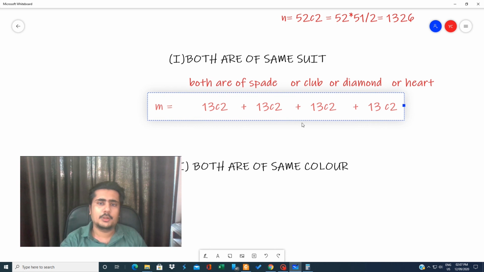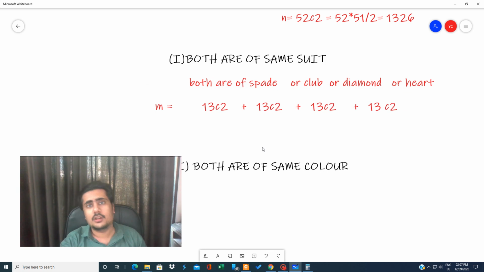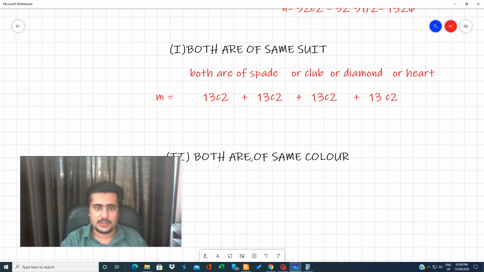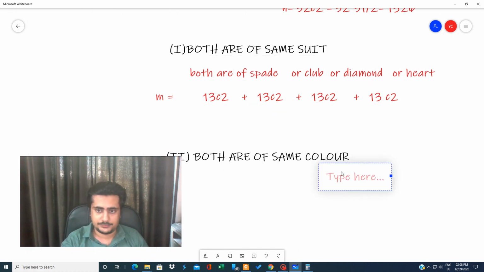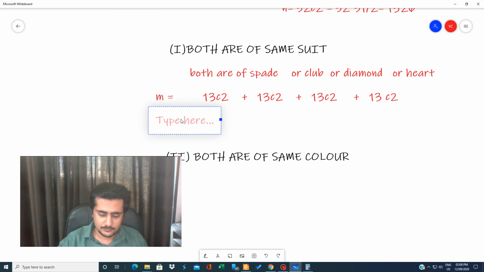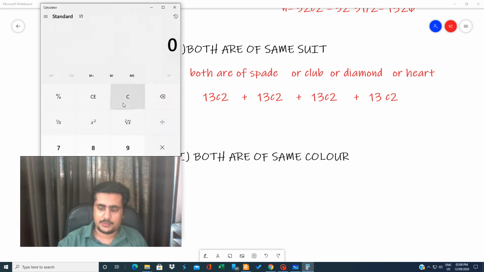Because you don't know which suit it is. They have not asked you to find that both are spade. Then the answer would have finished at the first 13C2. But they have told you that both are of the same suit. It means they can be spade, club, diamond, or heart.